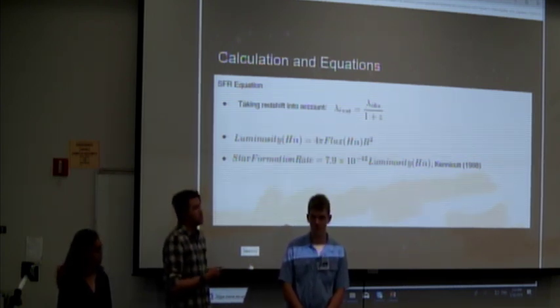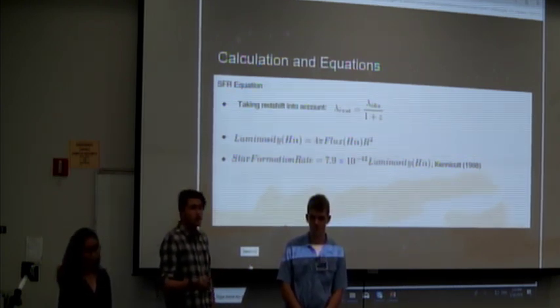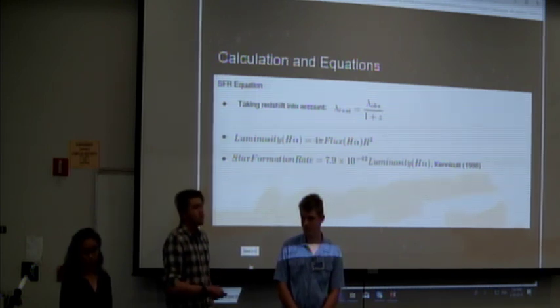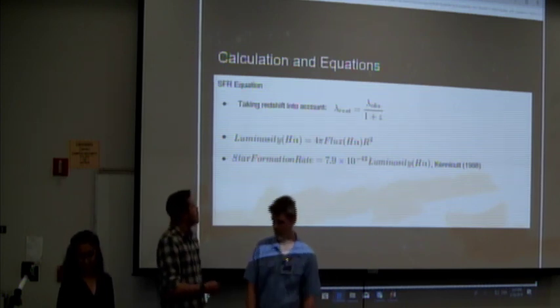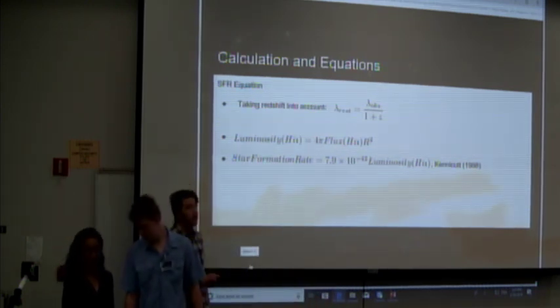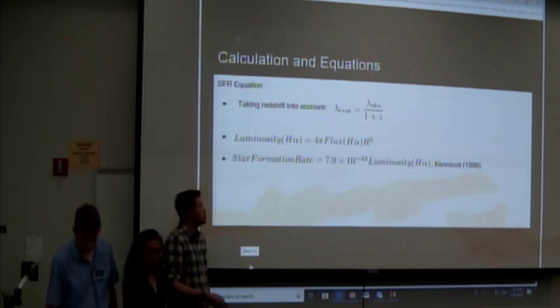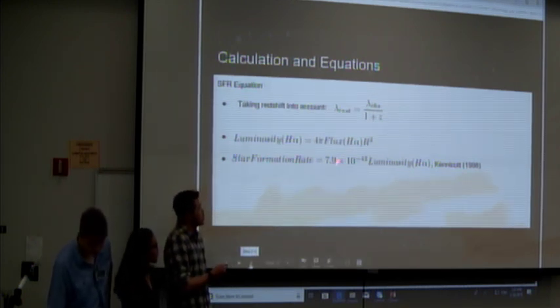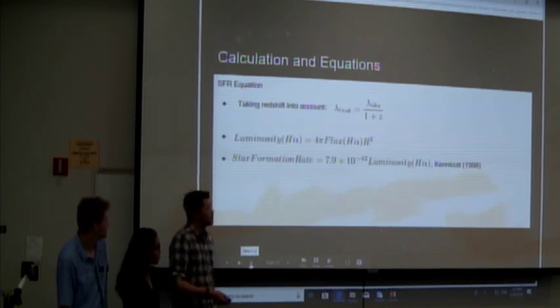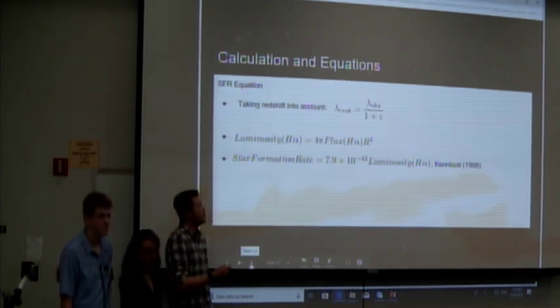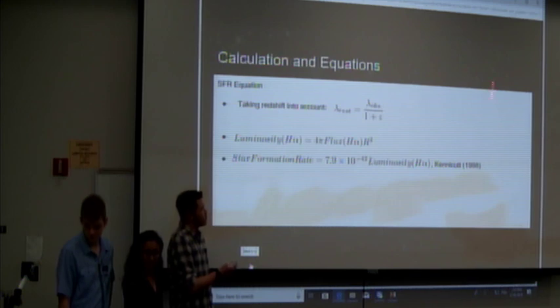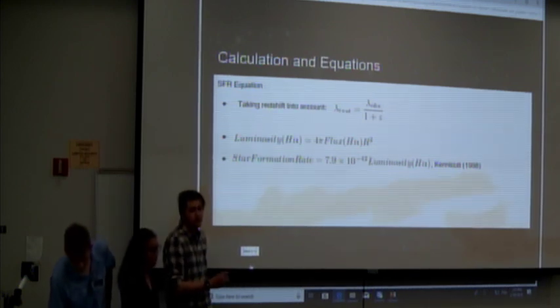We also use redshift in Ned Wright's cosmological calculator to determine R, which is the luminosity distance between us and the galaxy we're observing. We then multiply that by the flux in the H alpha line and 4π to get our luminosity at H alpha. We then multiply this by 7.9 times 10 to the negative 42 to get our star formation rate. We got this relationship from Kennicutt in 1998.